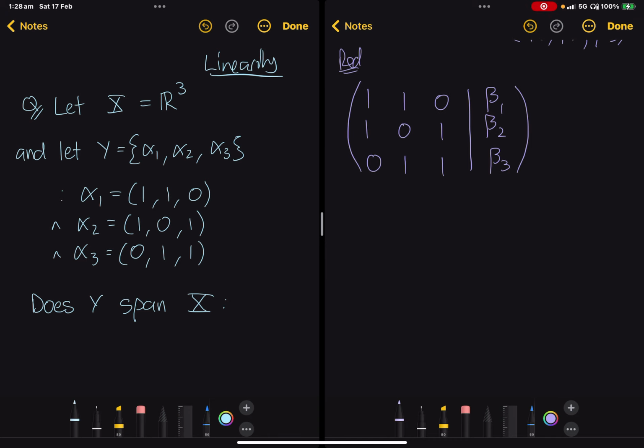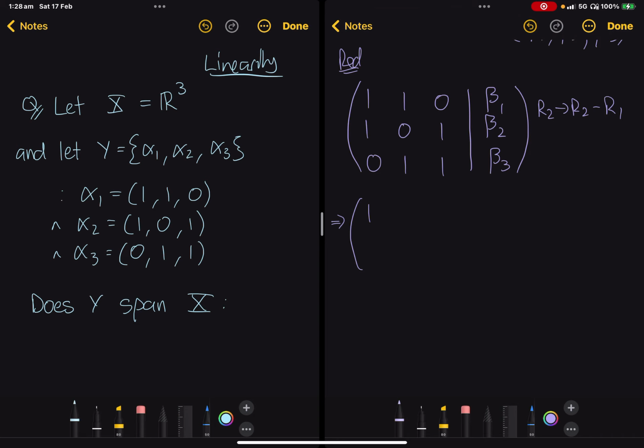So what we'll do is say row 2 becomes row 2 minus row 1. We'll leave row 3 for the moment.